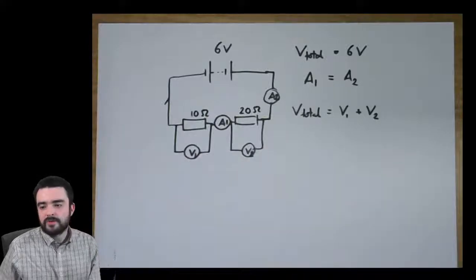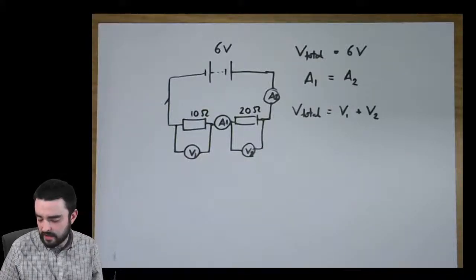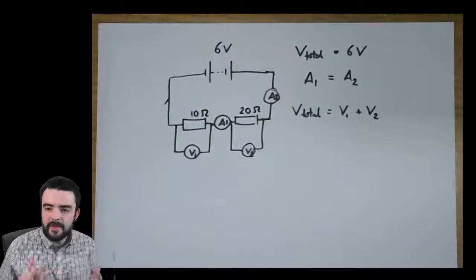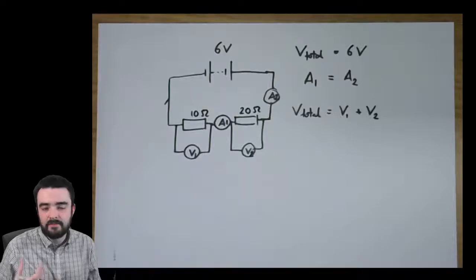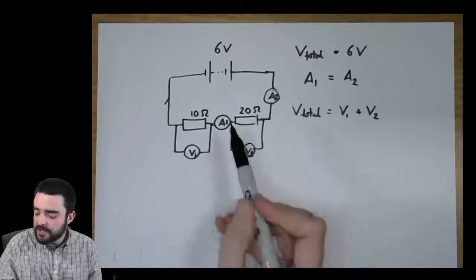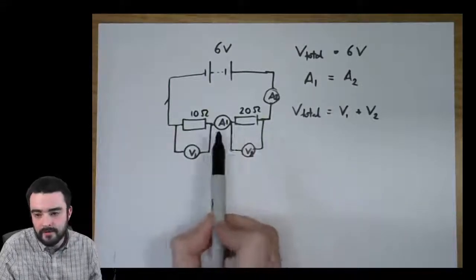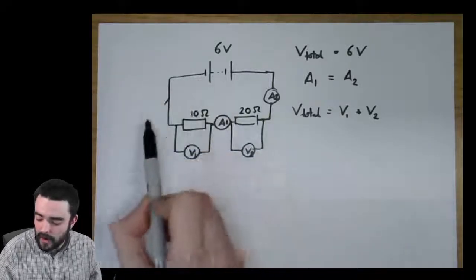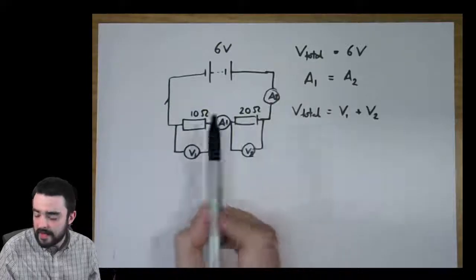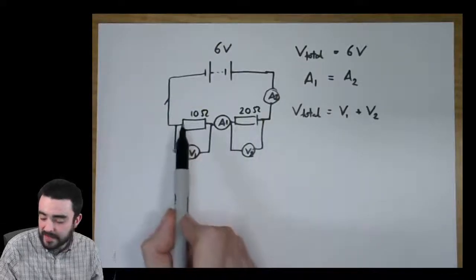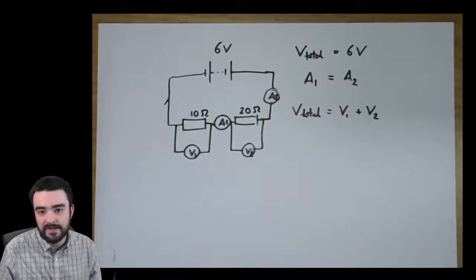What is the total resistance of this circuit going to be? Well, if we think about this from the perspective of an electron, which components is it going to be resisted by on its journey? Well, it's going to be resisted by both. For it to get around the circuit, say it starts here and it needs to get all the way around, it's going to go through both the 10 ohm resistor and the 20 ohm resistor.